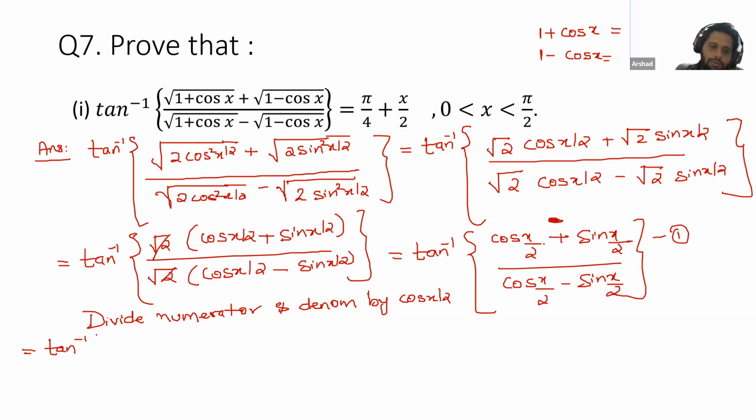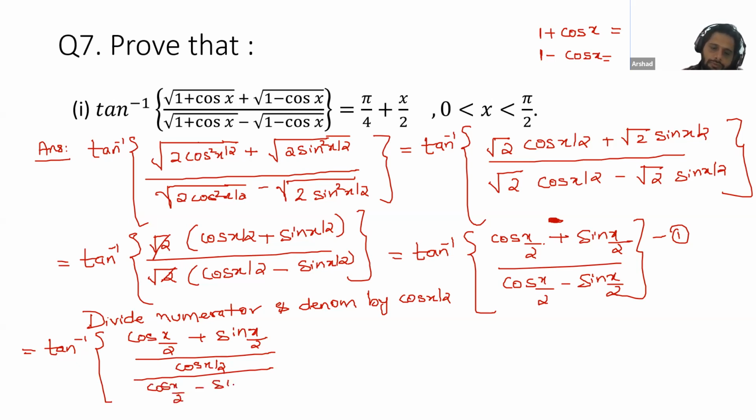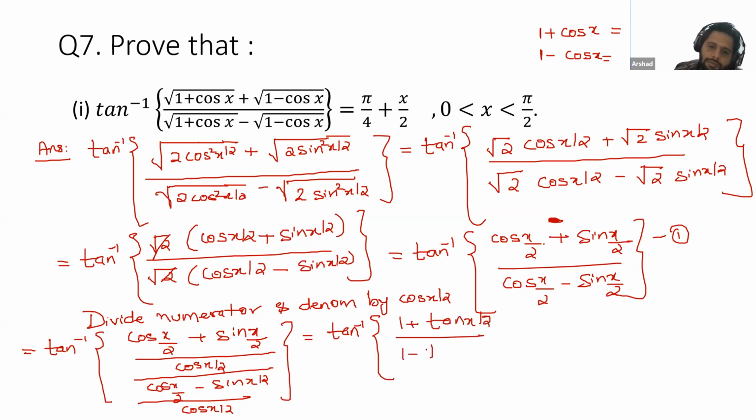So what you will get here, tan inverse, this is equal to cos x by 2 plus sin x by 2 by cos x by 2, and here you will get cos x by 2 minus sin x by 2 by cos x by 2. So you will get tan inverse. This cos by cos is 1, plus here you will get tan x by 2. In the denominator, you will get 1 minus tan x by 2.